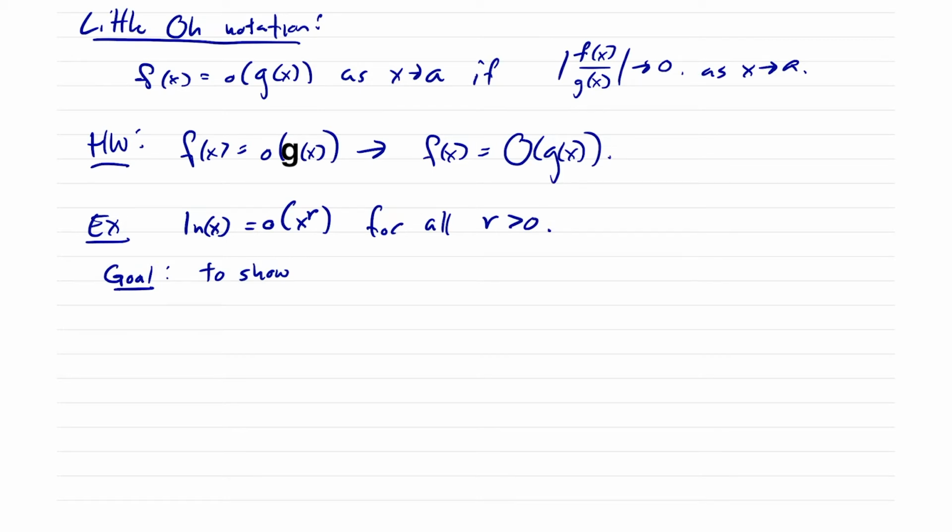All right, so our goal is to show that ln of x divided by x to the r in absolute value goes to 0. It doesn't actually have to be an absolute value. If you go to 0, you go to 0. And we can do that using L'Hopital's rule for all r, and I should say as x goes to infinity. Do we use L'Hopital's rule?